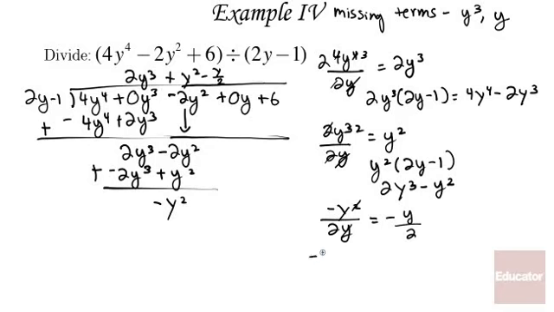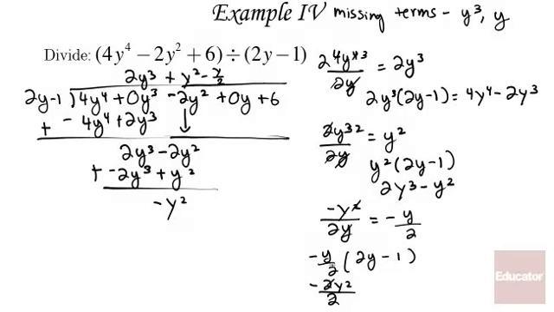Multiply that, negative y over 2 times 2y minus 1. So I have negative y times 2y. That's going to give me negative 2y squared divided by 2. That means that the 2's will cancel. Okay, so for this first term, what I end up with is a negative y squared.